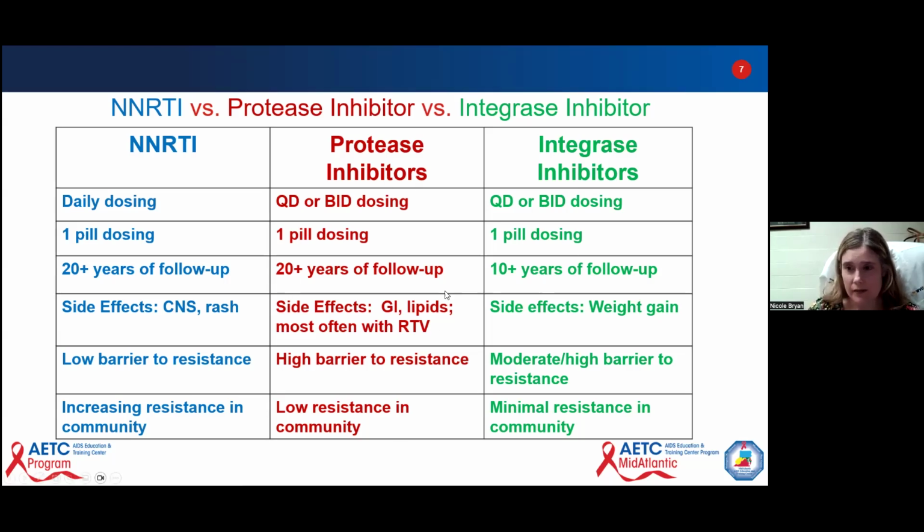Protease inhibitors have one of the highest. Integrase inhibitors, particularly the newer ones like bictegravir or dolutegravir, are probably relatively comparable to protease inhibitors. We just don't have the data, but they're very similar. So NNRTIs probably have the highest baseline resistance in the community, whereas for protease inhibitors and integrase inhibitors to date, it's pretty minimal. So that's a comparison across some of those drug classes.